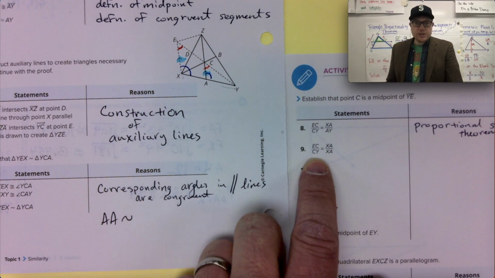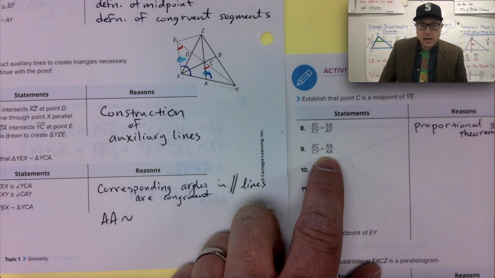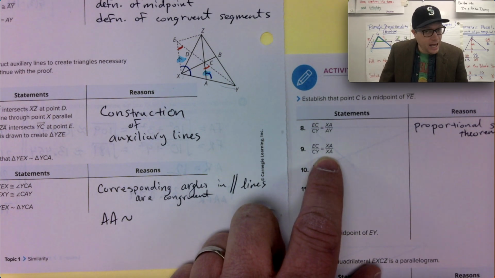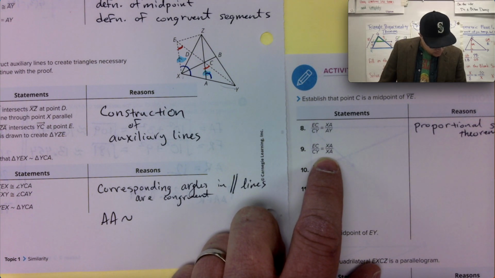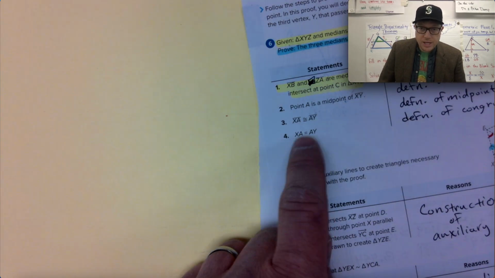Then, if we say EC over CY equals XA over AY, that's true. That's right here.